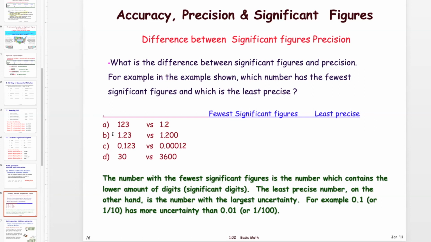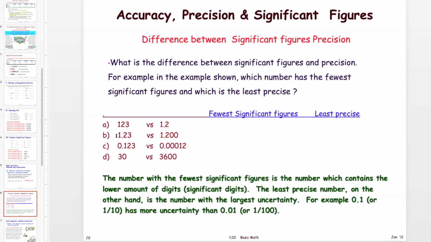So let's take a look at the next one, 1.23 and 1.200. Which one has the fewest, smallest amount of significant figures, 1.23 or 1.200? You guys should know that. Which one has the fewest significant figures? 1.200.